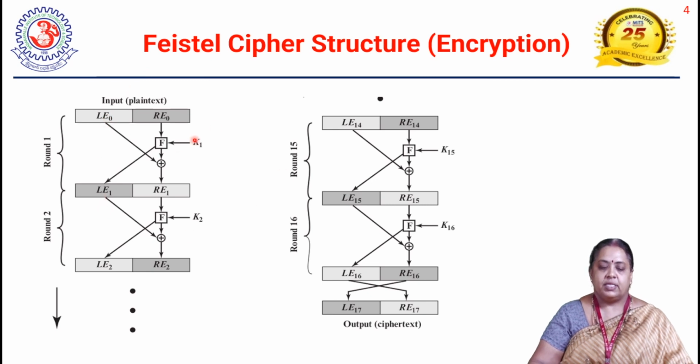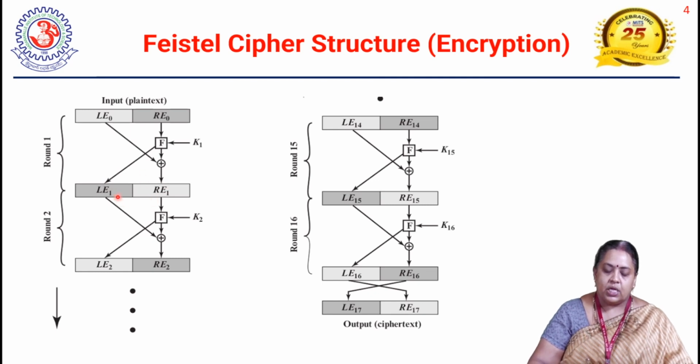Once again I will tell you. The plaintext is divided into two equal halves, left half and right half. The right half is given to a function, on which we are using the key, and it generates the output. That output is XORed with the left half to get the right half, and this right half will become the left half. That will be the input for the next round.